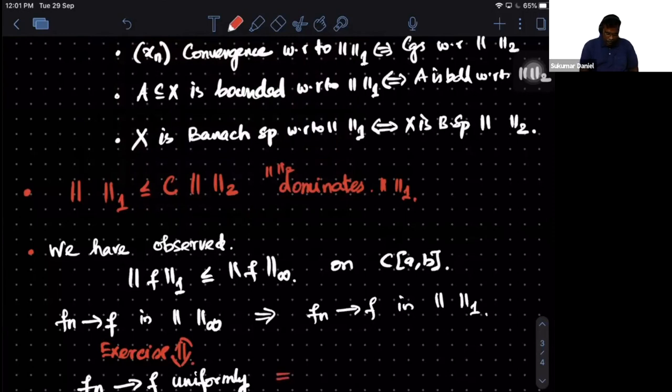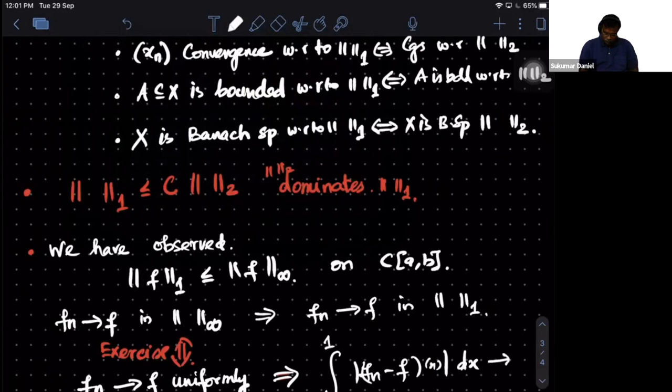So all it's saying is fn converges to f uniformly. It says that this converges in the one norm. What is the meaning of that? Norm of fn minus f goes to 0. But what is the definition of norm of fn minus f? It is the integral of |fn(x) minus f(x)| dx, integrating from 0 to 1.